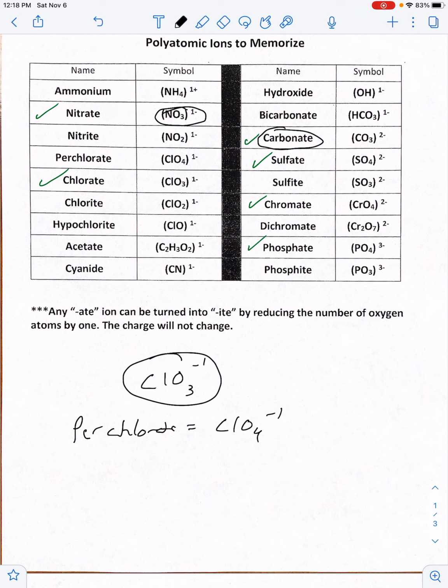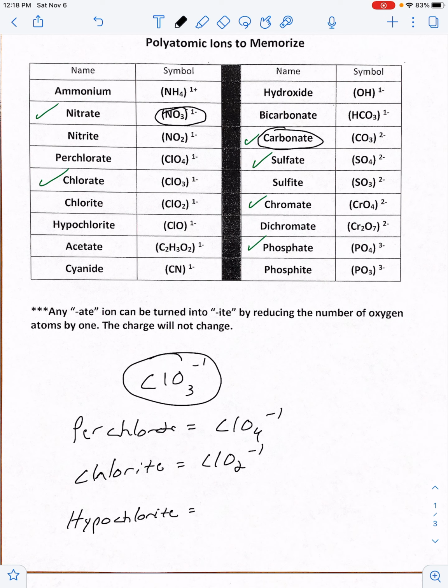Now if you go from chlorate to chlorite, I'm going to write down chlorite right here. When you go from ate to ite, that means you lost an oxygen. So instead of ClO3, this now becomes ClO2 with a -1 charge. And then lastly, if you see hypochlorite, I'm going to write it here, hypochlorite.